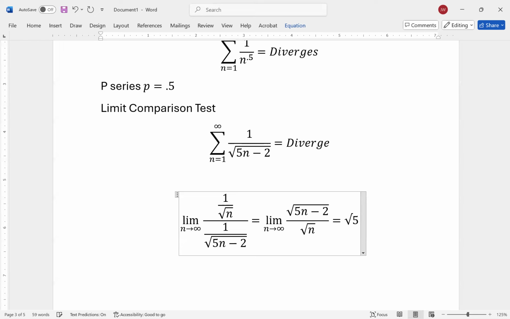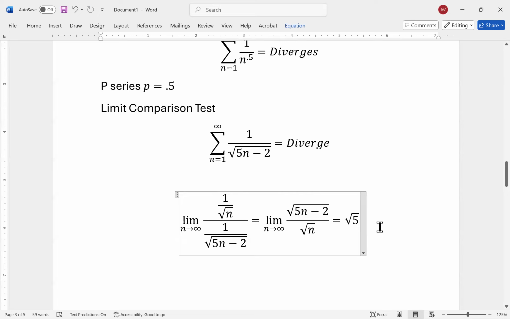I won't go through all the steps. You could rewrite this, and you do lots of different things, but it's the square root of 5 as it comes out. If you want to use L'Hopital's rule, or some other algebraic techniques, that's perfectly fine. Basically, you just factor out a square root of 5 from the top, and then you get a 1.